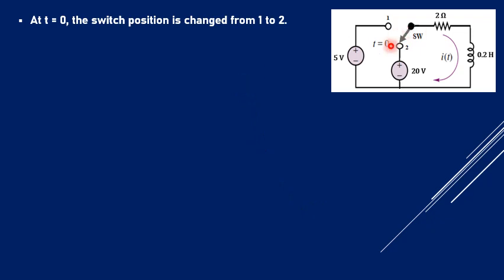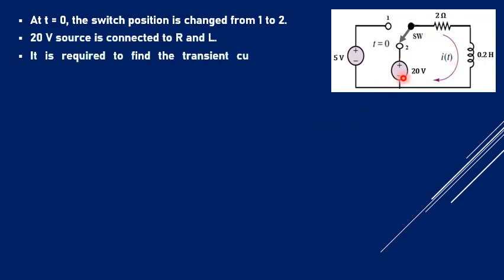Now you can see the switch position is changed to 2. The 5 volt source is disconnected from the supply and the 20 volt source is connected. Now we're going to find the current I of t in this circuit.